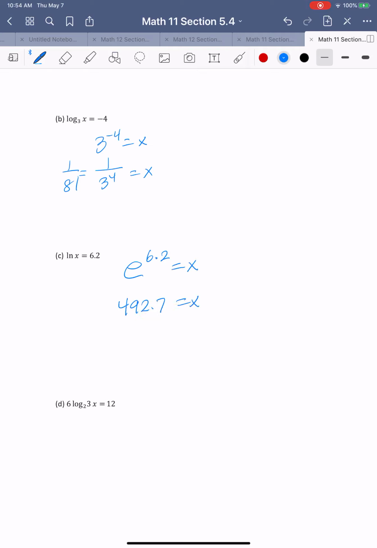Divide by 6 on both sides, and then base 2 squared to the x, and divide by 3, which is 4. Divide by 3 on both sides, x equals 4. Alright, so that's all. It's not bad if you understand where the logarithm is coming from. Alright, thank you.